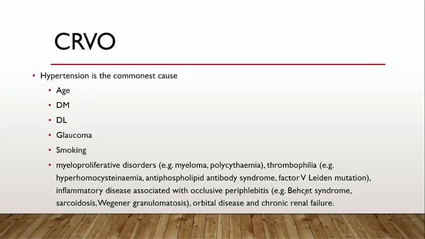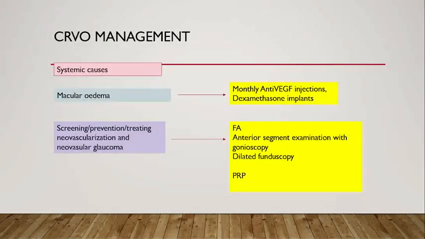The commonest cause is hypertension, and all these are associated causes. So we know Virchow's triad: it can be coagulative factor problems, endothelial problems, or something pressing from outside. Right. So these are the vascular problems that can give rise to it, especially in a young patient with central retinal vein occlusion. We have to do coagulation screening.